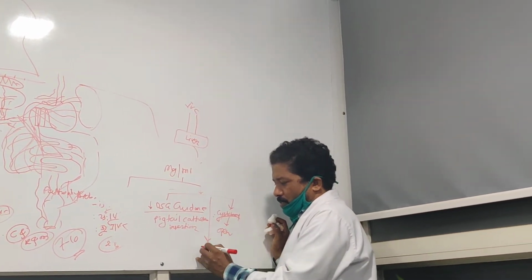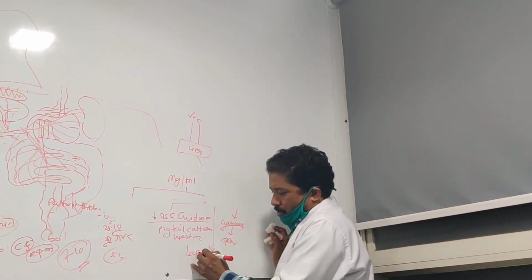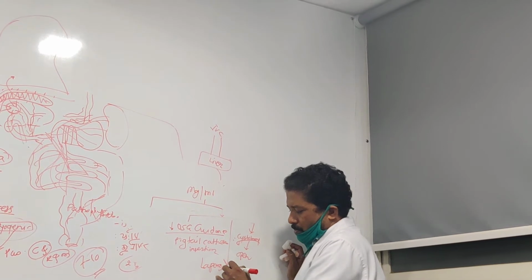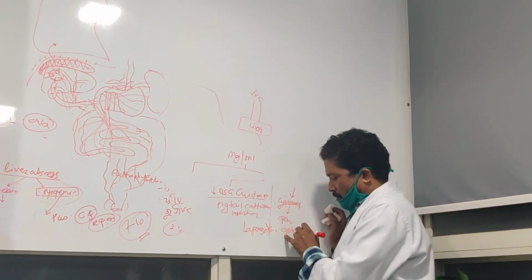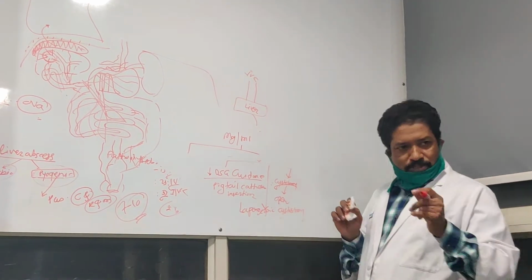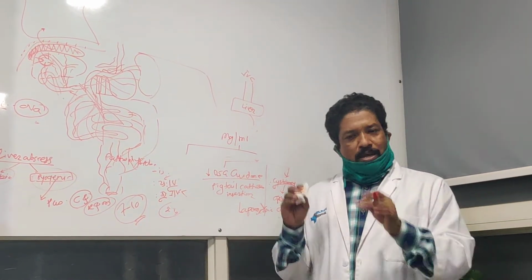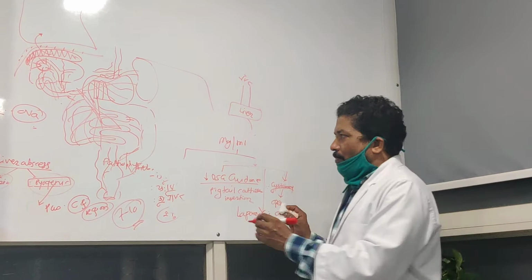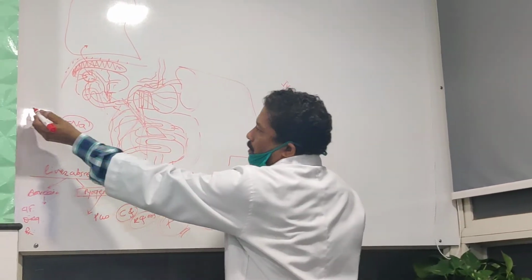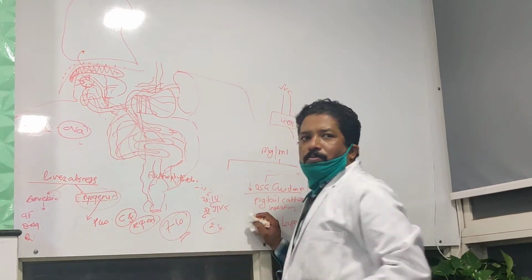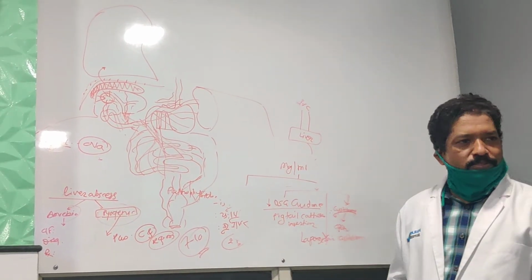And the third one is laparoscopic cystostomy. Put the laparoscope inside. At that time, when the laparoscope is towards the vision, you have to put the drain from outside to inside.